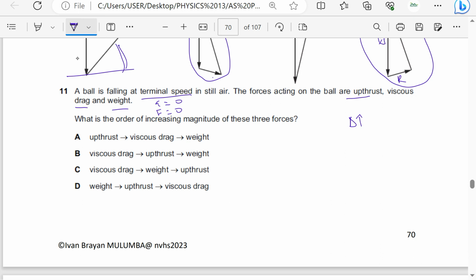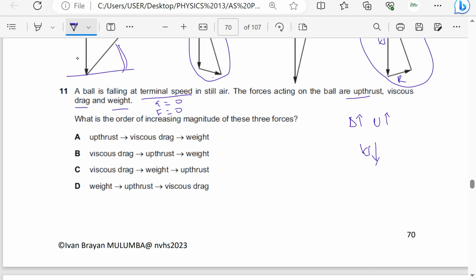Upthrust is upwards. The weight is downwards. So the weight must be drag plus upthrust. What is the order of increasing magnitude of these three forces?